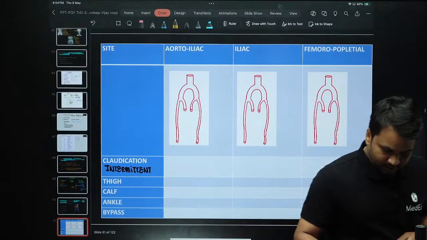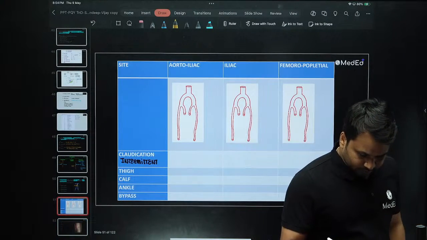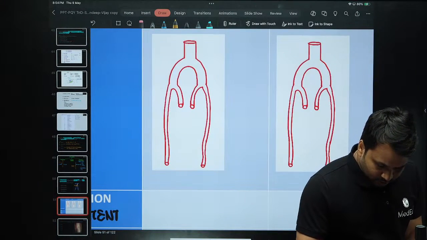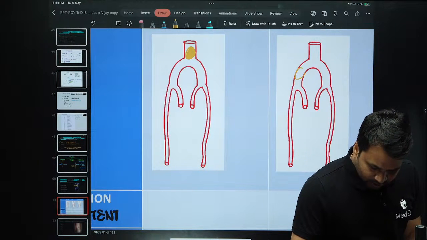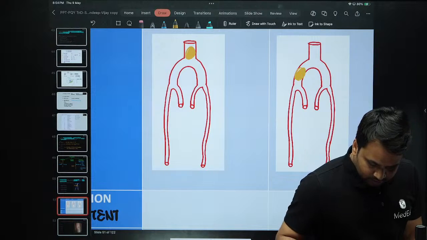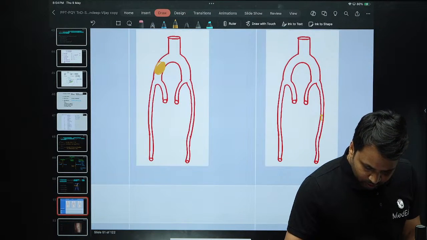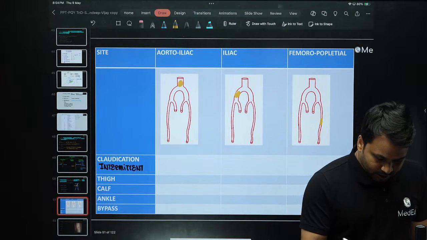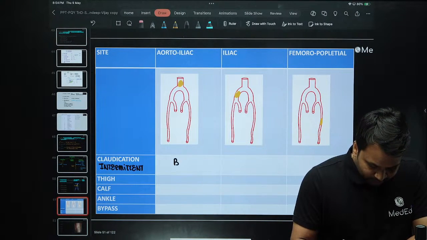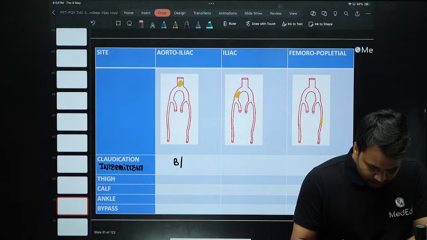So you have the iliac occlusion, which is here, the iliac occlusion, which is here, and the femoropopliteal occlusion, which is here.